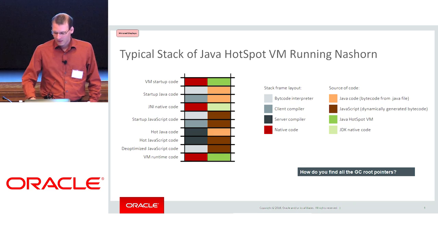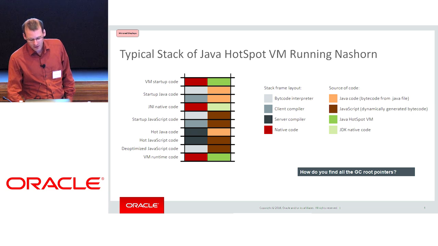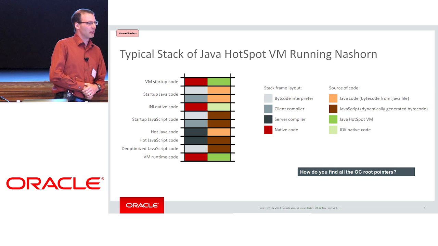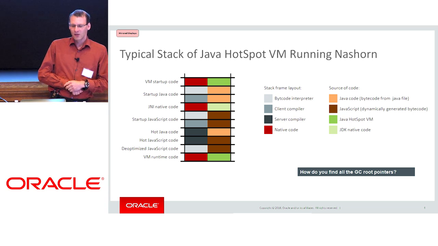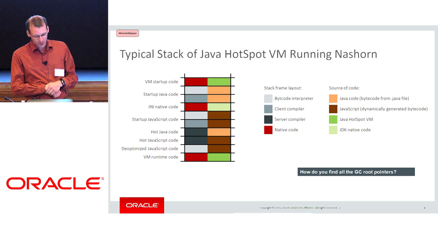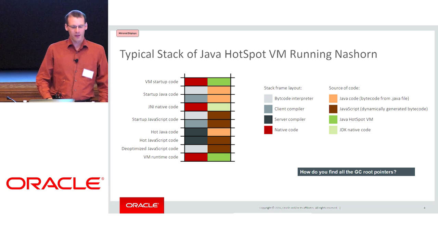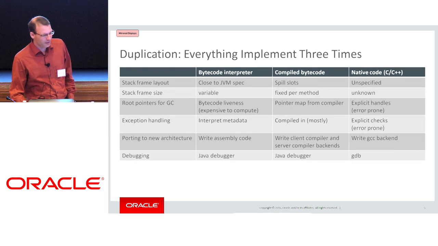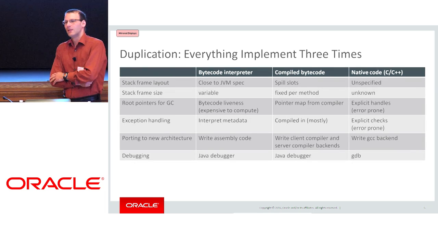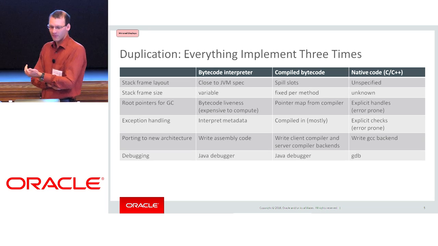And if you look at what the VM has to do, it's pretty difficult. If you want to run a garbage collection, then the VM has to find all the root pointers that are on this stack. So we have to traverse our stack, and we have to do everything 3 times. We have to look at the native code, at bytecode interpreter frames, and at compiled frames. And it's not only for this GC root pointer stuff. I would say most things, if not everything, in the Java Hotspot VM exists 3 times.